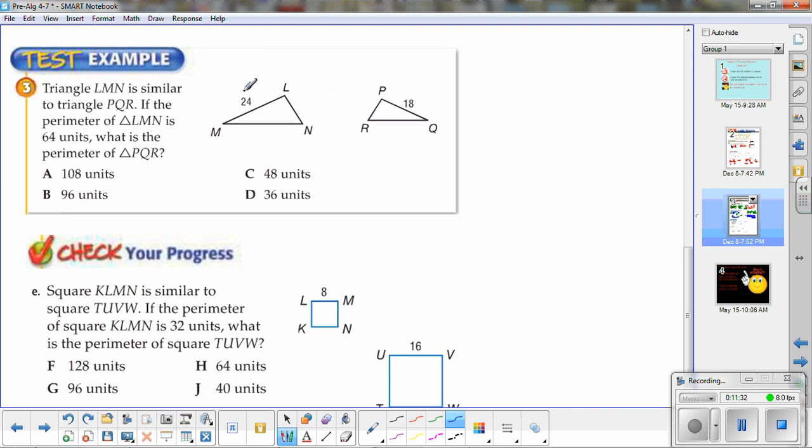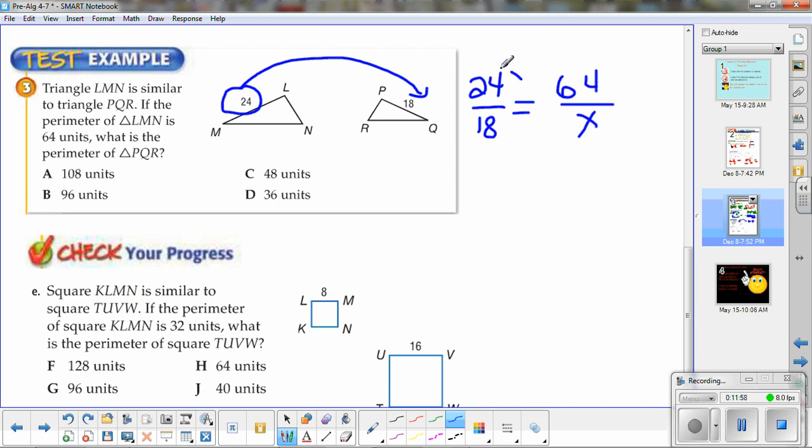Well, I'm going to go ahead and write a proportion. 24 is going to match up with 18. So 24 over 18. And then I'm going to take the perimeter of the large triangle. The perimeter of the large triangle is 64. That's going to be over the perimeter of the small one, which we don't know, so I'm going to call that x.